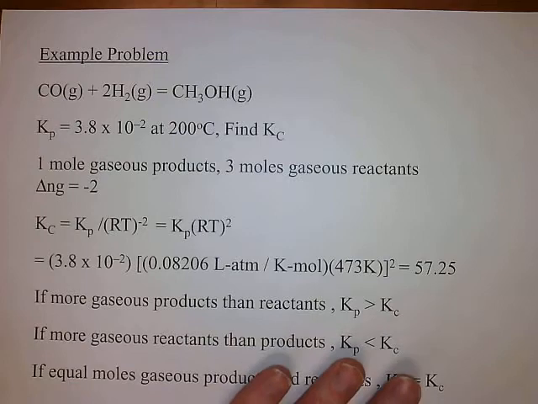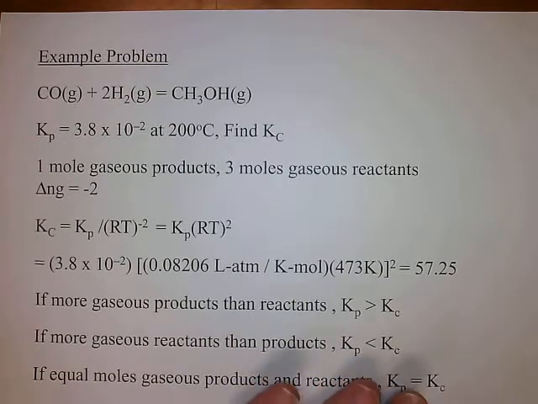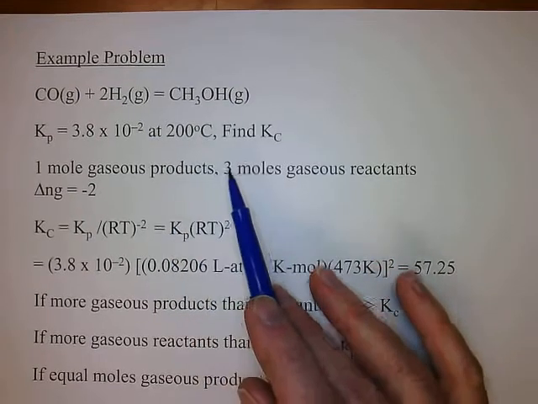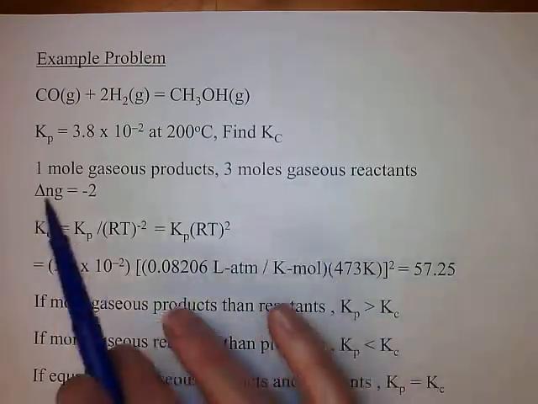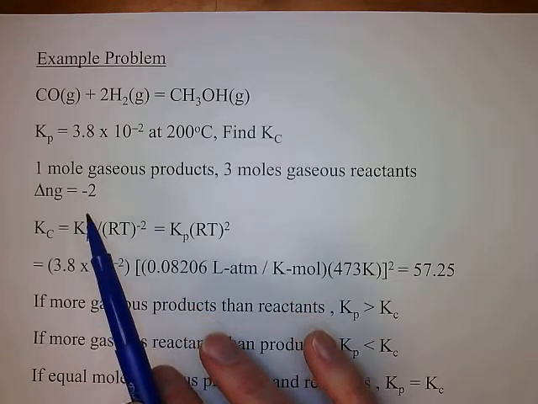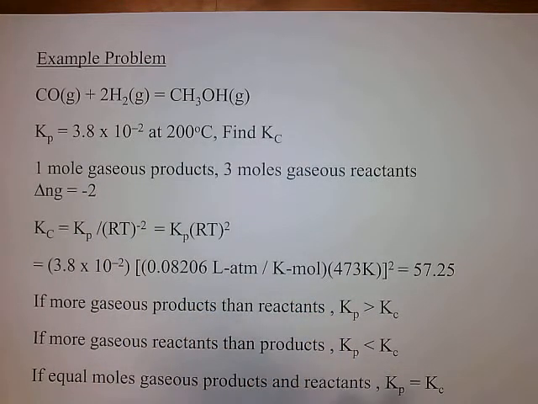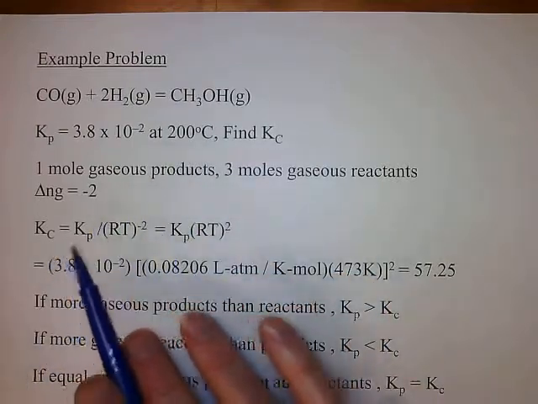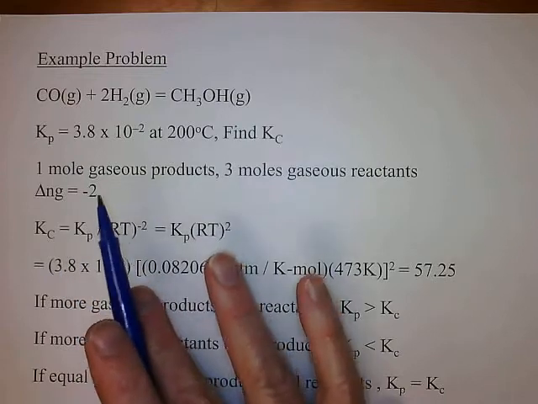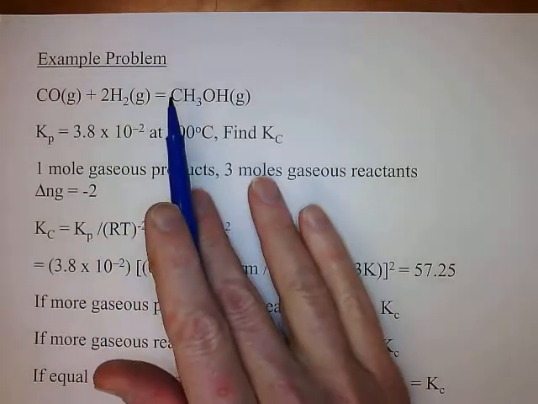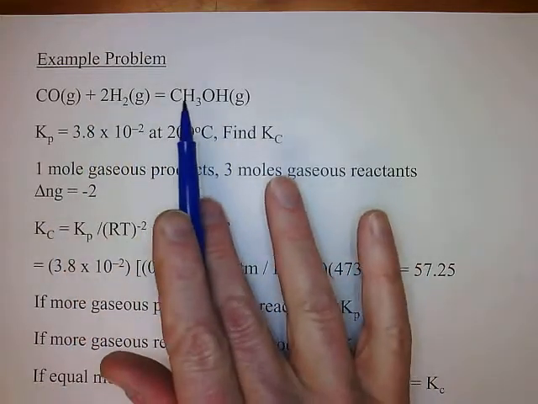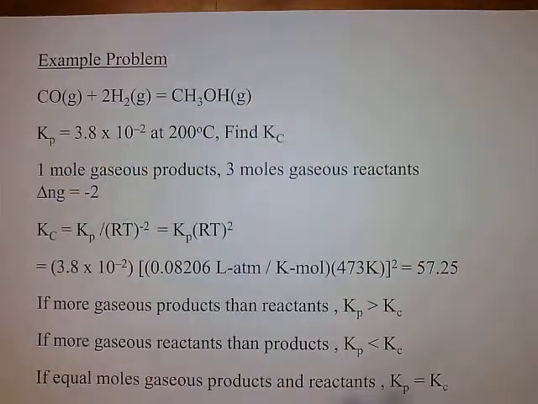We have 1 mole of gaseous products and 3 moles of gaseous reactants. So delta Ng is minus 2. Any kind of change, I've said this before, whether pressure, volume, or number of moles, is always products minus reactants. So 1 mole of gas here, 3 moles of gas here, so our delta Ng is 1 minus 3, which gives you the minus 2.